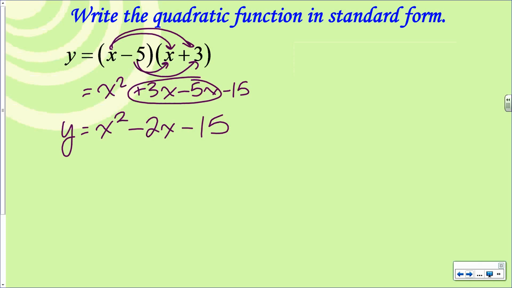I distributed the x through, I distributed the negative 5 through, and then I combined my like terms and wrote it in standard form. Okay? All right, a little bit harder one.